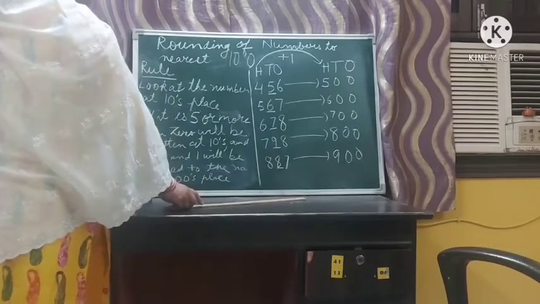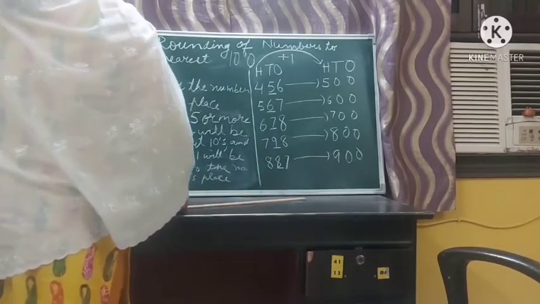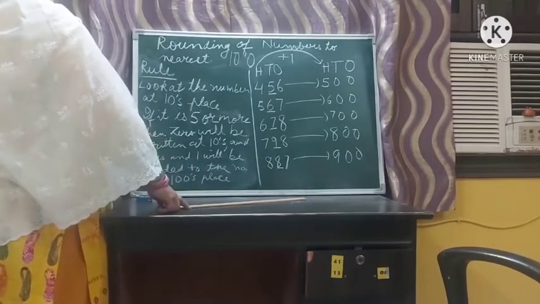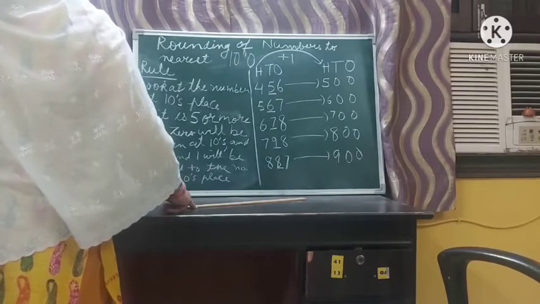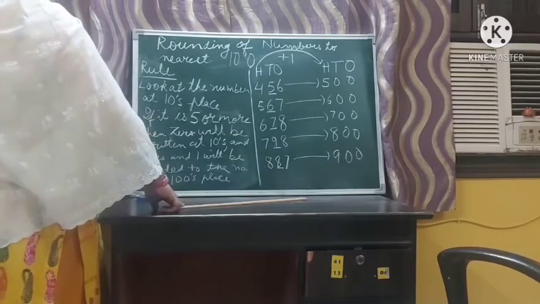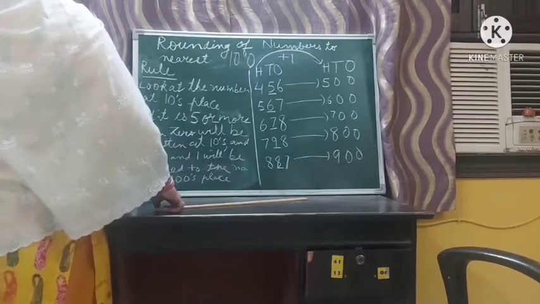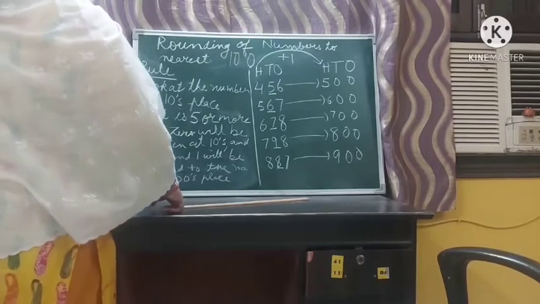So today we have learned 4 things. Rounding off to the nearest tens: there were 2 conditions, when the ones digit is 4 or less than 4, and when the ones digit is 5 or more than 5. When it was 4 or less than 4, you just copied the tens place as such. When it is 5 or more than 5, then 1 was added to the tens place.